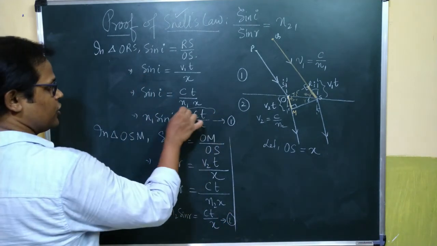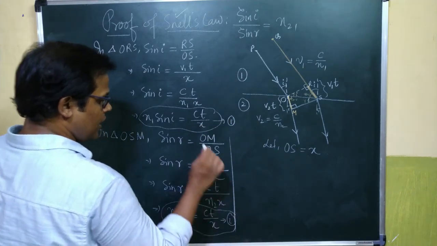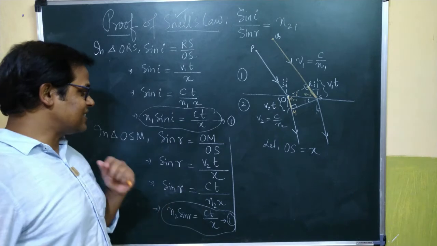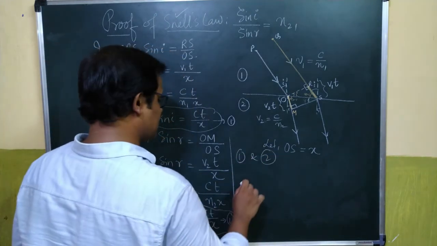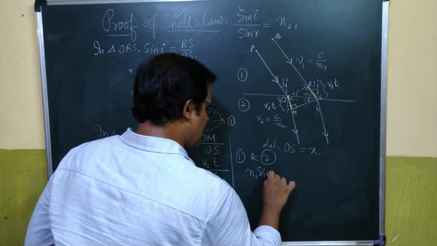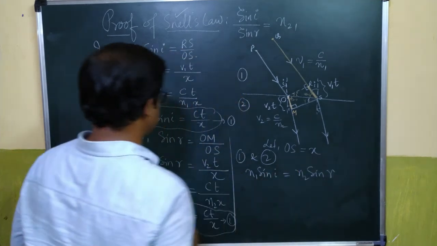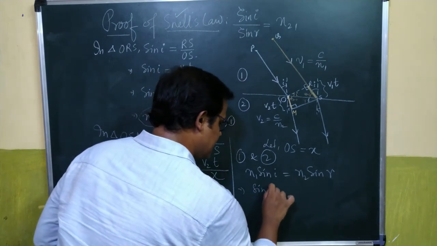So look into equation number 1 and look into equation number 2 and you clearly go bingo, right? The right hand sides are equal, so from 1 and 2 you hit the button. N1 sine I is equal to N2 sine R. Rearrange it according to your necessity.